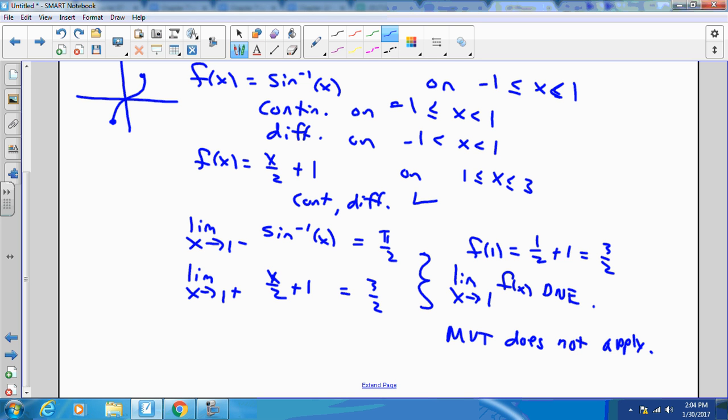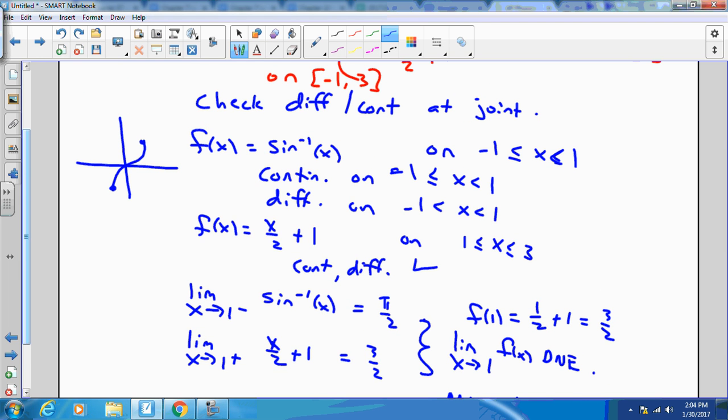But also, what about differentiability at x equals 1? So here's what it looks like. Our function has a jump discontinuity at x equals 1, so it's not differentiable at x equals 1. Yes, that's right.